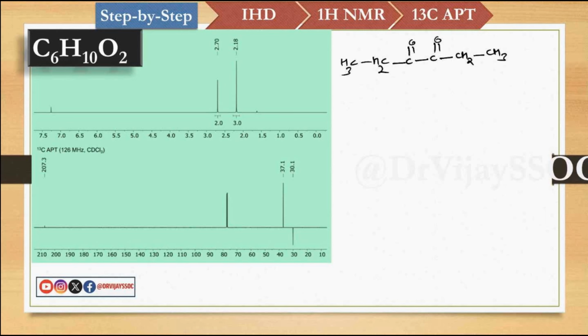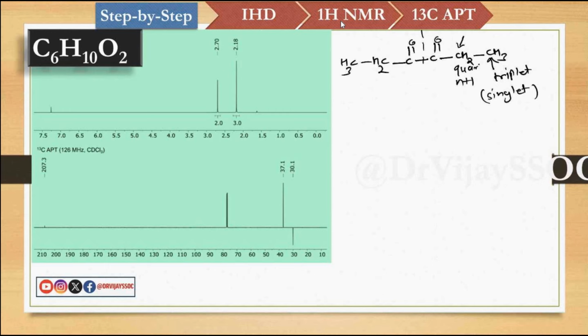But this is not the correct structure, because there are 2 reasons. The first reason is that this CH2 must show a quartet, right? Because of the n plus 1 rule, it has 3 neighboring hydrogens, and this methyl will show a triplet. But what are we seeing? We are seeing only a singlet for both, right?